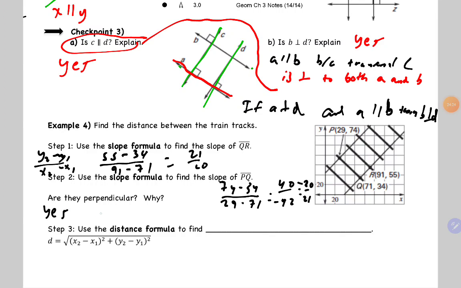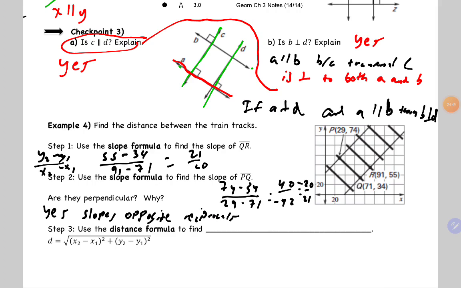These are perpendicular, yes, because the slopes are opposite reciprocals.